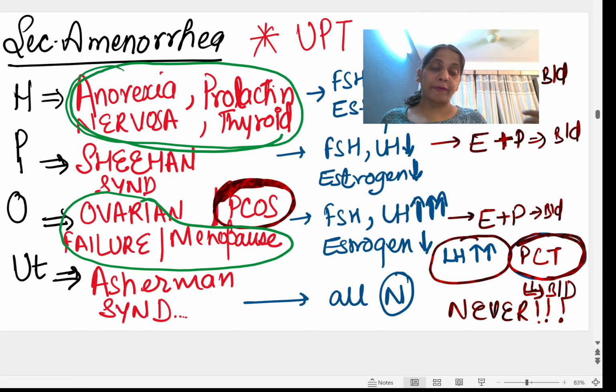And Implanon, as I have already told you, it is 0.05. It is least among all. And the Mirena, it is 0.2, equal to tubectomy. Okay.